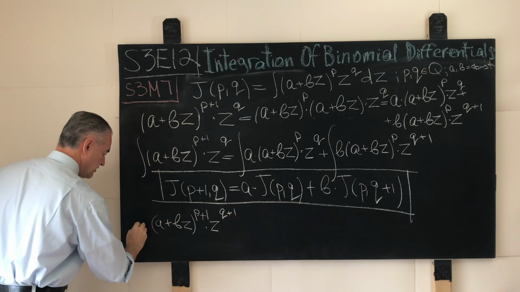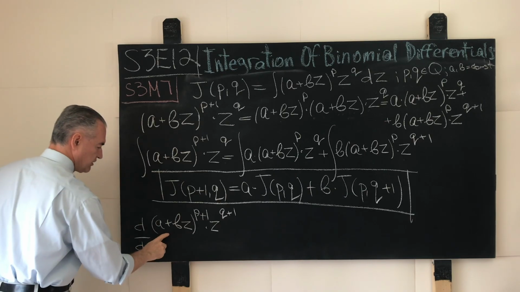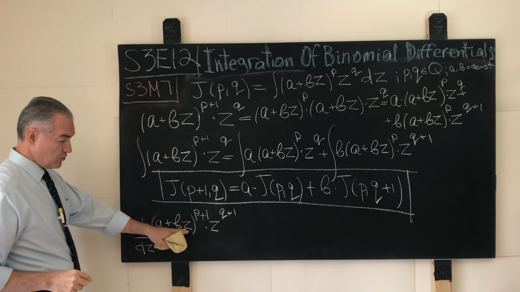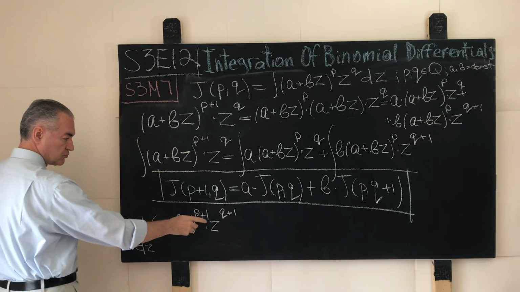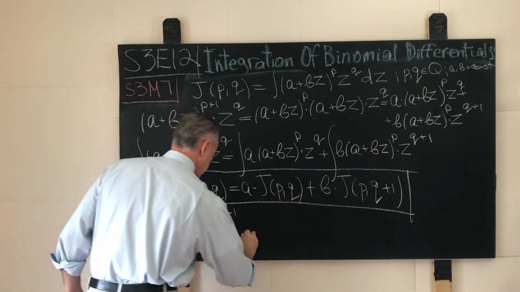And now we differentiate over z this expression once, d over dz of this expression. Well, this is a product of two functions. We know how to do that. This is not particularly difficult.